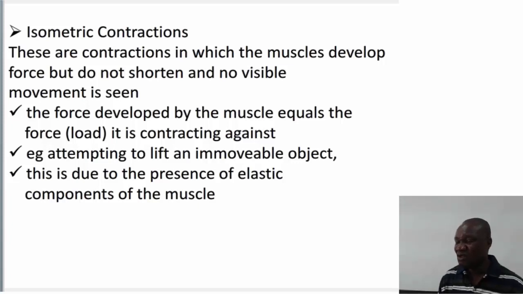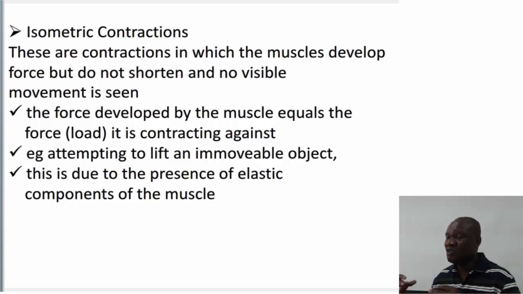And usually the force that is developed in isometric contraction is equal to the load on the muscle. An example of isometric contraction is trying to lift an unmovable object.